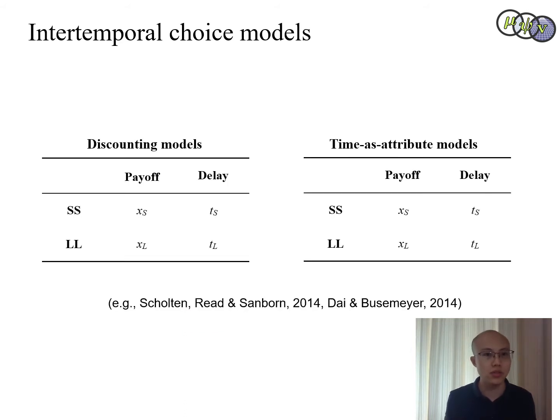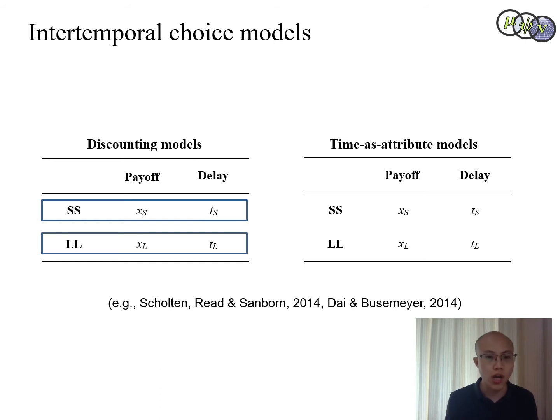In the enterprise of intertemporal choice research, a lot of models have been proposed to capture how people make intertemporal choices. We can broadly categorize these models into two types. The first type is what we call the discounting models. Usually, discounting models assume that people will assign a utility or value to each of the options under consideration.